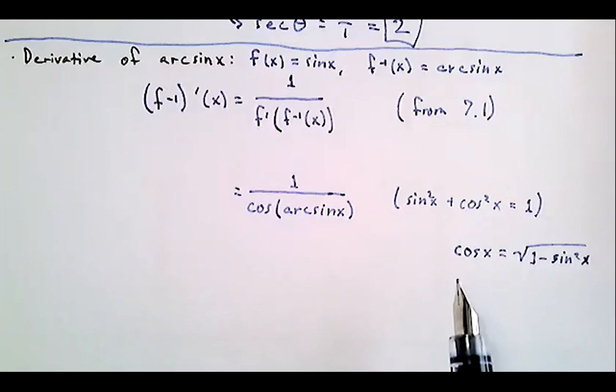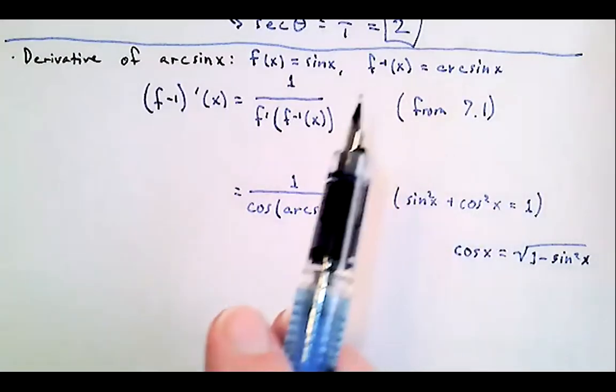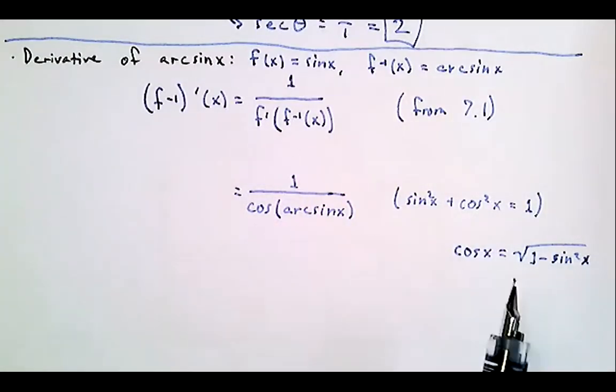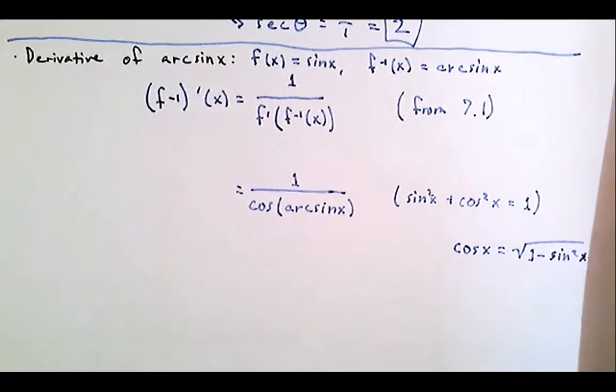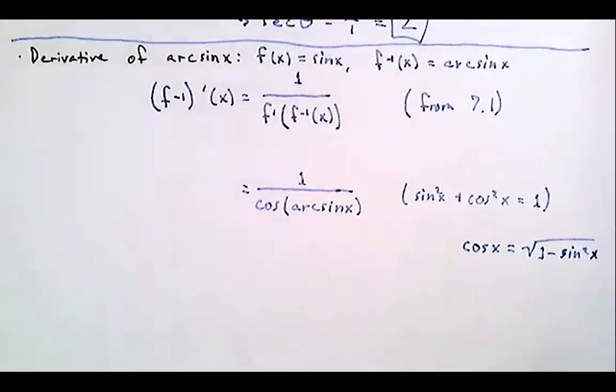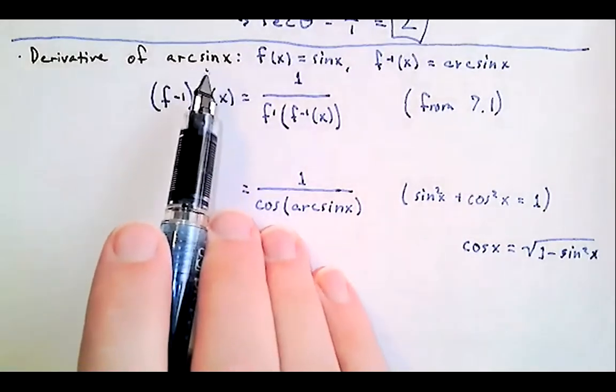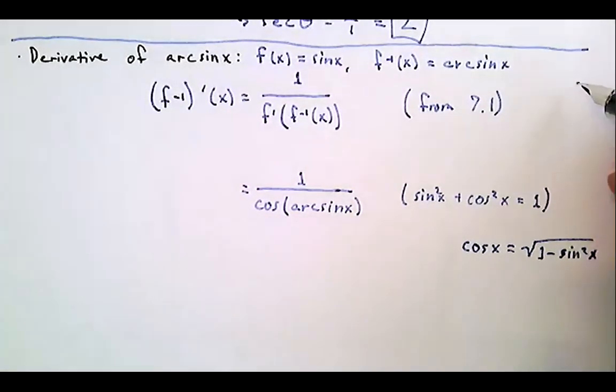Right. So remember for cosine, we're going to be talking about the upper half of the circle for now. So that'll always correspond, or excuse me, I'm getting this a little bit backwards. I'm thinking of cosine, but we're talking about sine.